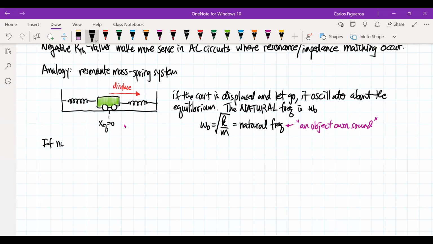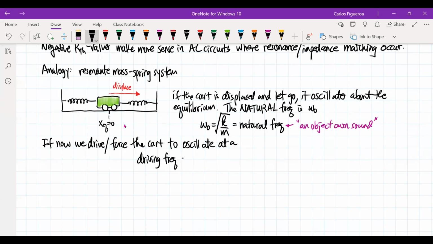Now, if we drive / force the cart to oscillate at a driving frequency, this driving frequency we'll call omega D. So how do we do this here? I essentially take this system over here.